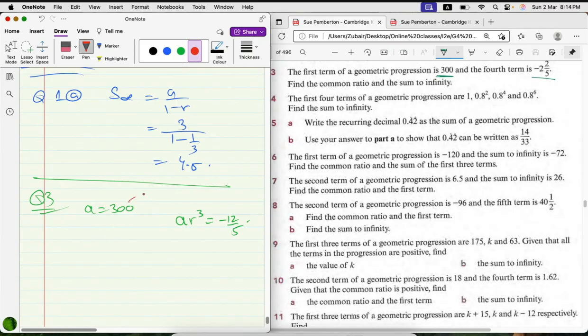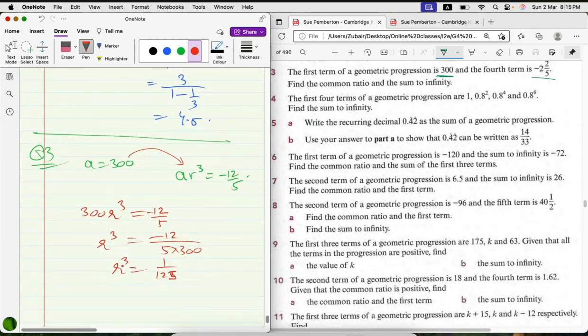So 300 r cubed equals minus 12 by 5, dividing by 300 gives minus 12 by 5 into 300. Using the calculator, 12 over 5 into 300 simplifies to 1 by 125. So r cubed is 1 by 125. Now we take the cube root on both sides. r is equal to 1 by 5.